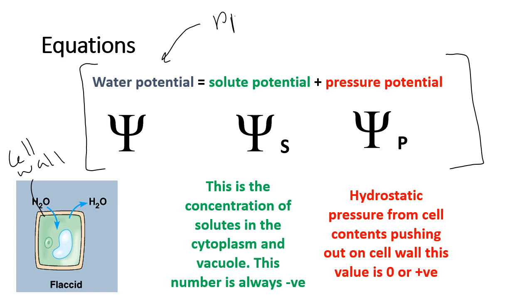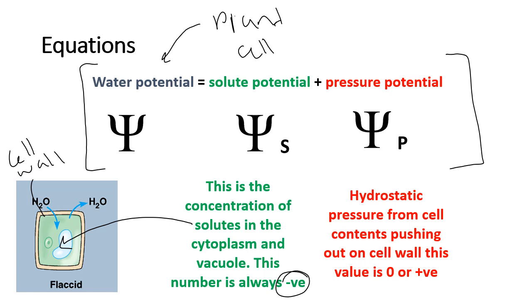And the water potential of a plant cell can be calculated by adding together the solute potential and the pressure potential. Now, the solute potential is the concentration of solutes in the cytoplasm and vacuole of that plant cell. Now, this is always a negative value because you'd never have a pure water cytoplasm. You'd always have dissolved solutes in there for metabolic processes and things like that.